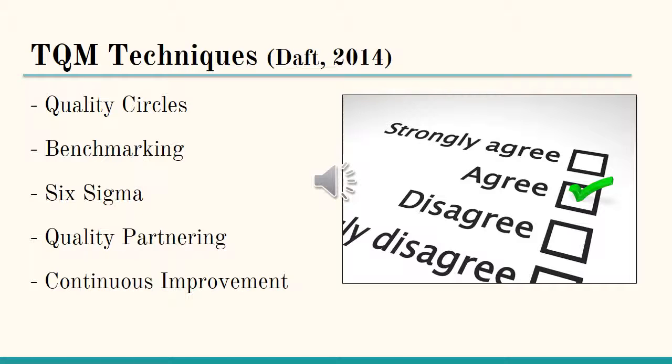Six Sigma is a method which an organization follows in order to produce top quality products or services with the lowest possible costs in mind. And they do that by using 5 specific steps, which are defining, measuring, analyzing, improving, and controlling the product.